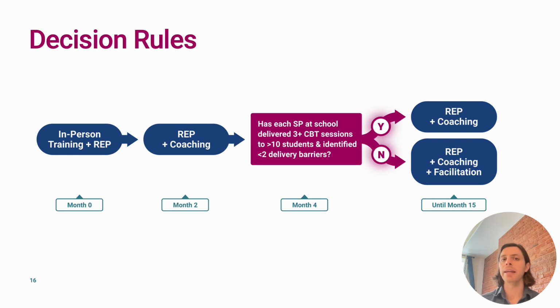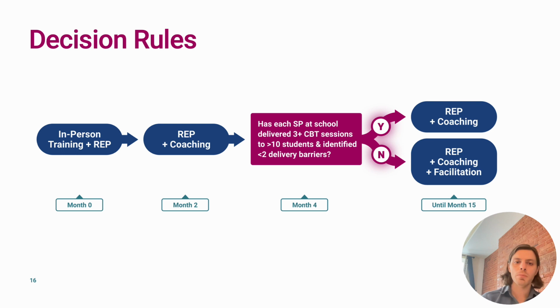On the other hand, if any school professional is not providing sufficient CBT to 10 or more students, or a single school professional has identified 2 or more barriers to delivery, then we're going to say the entire school is eligible to receive the more intensive intervention of REP plus coaching plus facilitation.